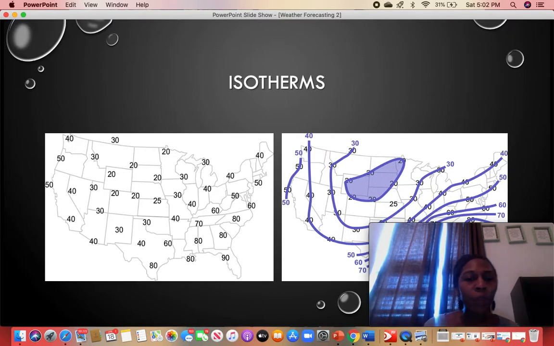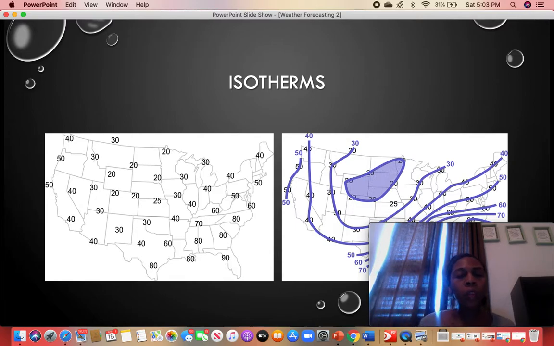For example, if you look at the map on the right, you see 40 degrees through Nevada, California, Arizona, Texas, going up through Arkansas, up to Illinois, to the Great Lakes, and even beyond, all the way up to Maine. Then you also see another example, 80 degrees in Texas, goes up through Louisiana, Alabama, Mississippi, Georgia, up to North Carolina. So basically you're seeing these patterns of temperatures across the land.